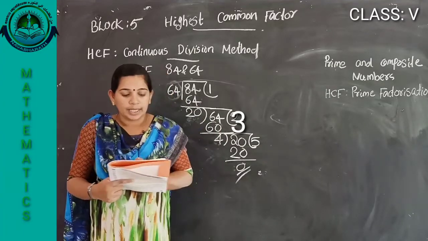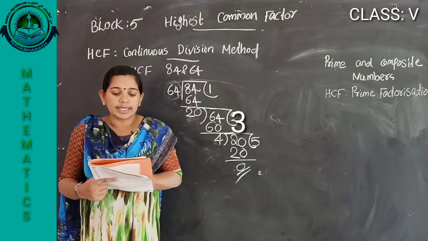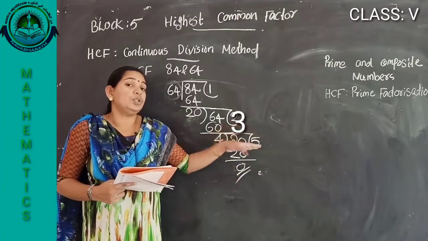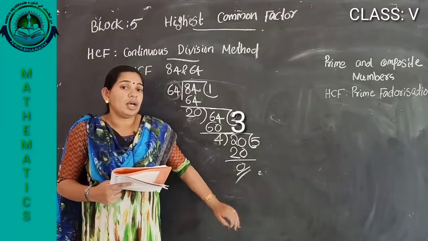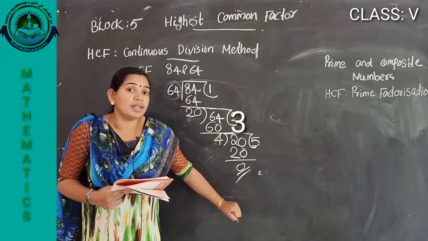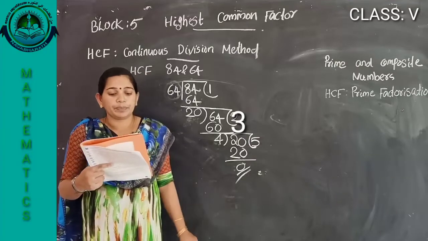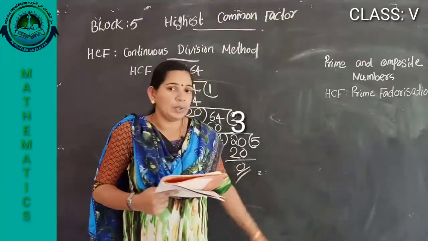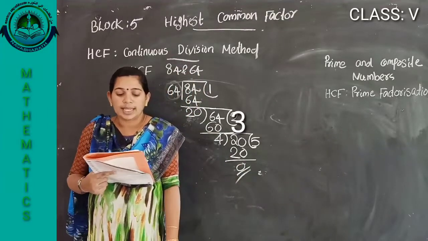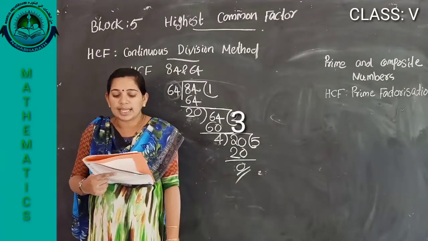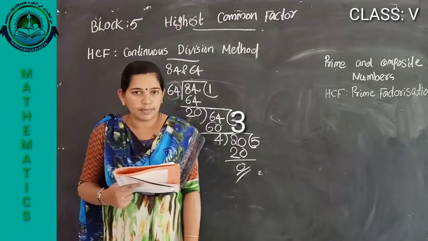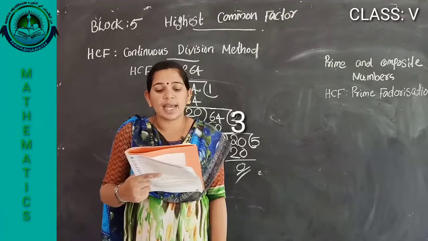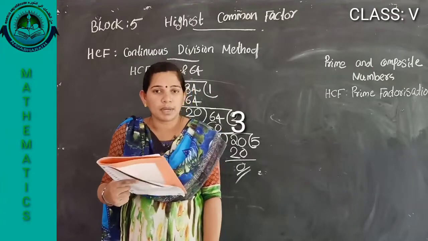Keep doing this until the remainder is 0. Step 3: when we reach remainder 0, the last divisor is the HCF of the given numbers.